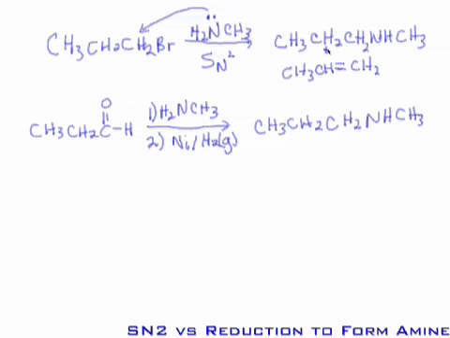And because it's such a powerful base, your impurity concentration of alkene increases and yields are reduced. Furthermore, the product that you form can subsequently start attacking some of the propyl bromide. This attack may be limited by steric hindrance effects, but you may get some further impurities of a tertiary amine. So your yield of the desired amine may be low.